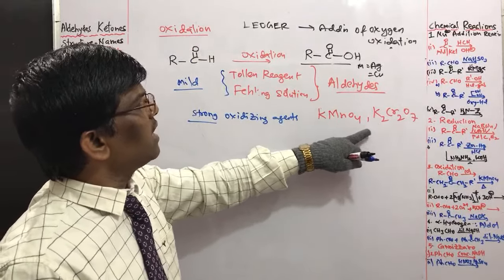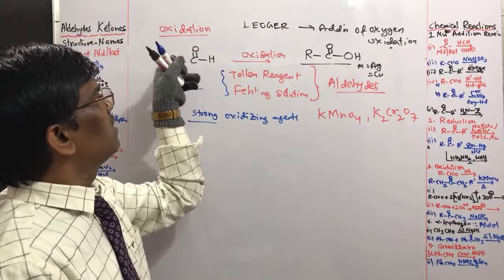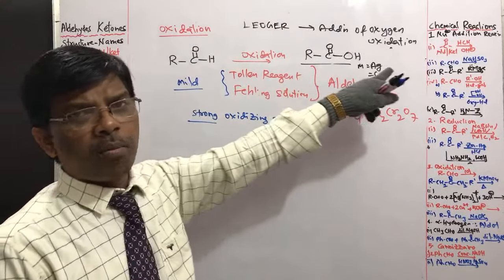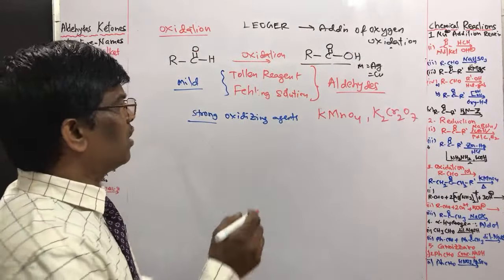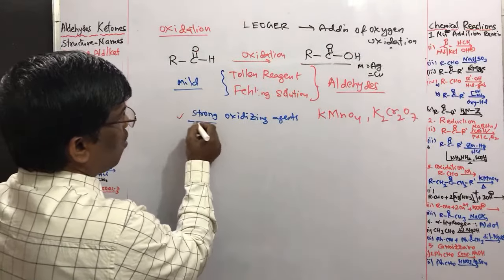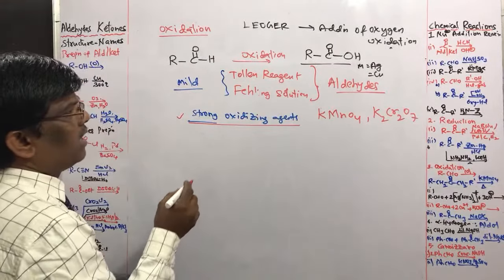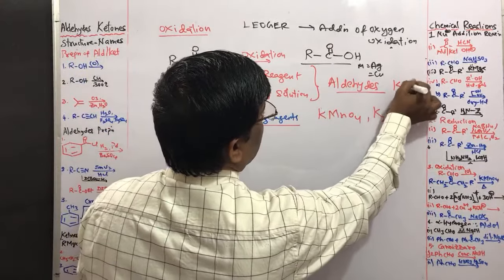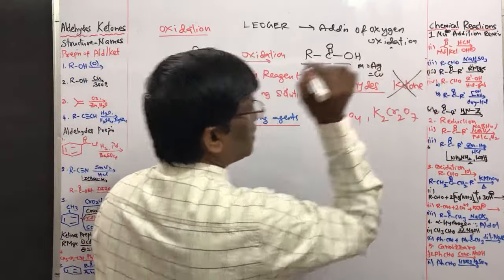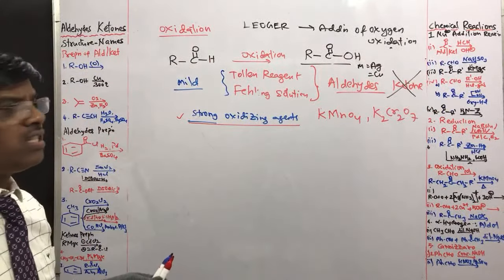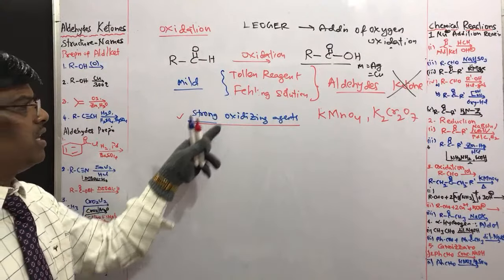Strong oxidizing agents usually oxidize aldehydes to carboxylic acids, but ketones undergo oxidation only with strong oxidizing agents. Ketones do not give this test, they are intact. Ketones are not oxidized using Tollens reagent and Fehling's solution.